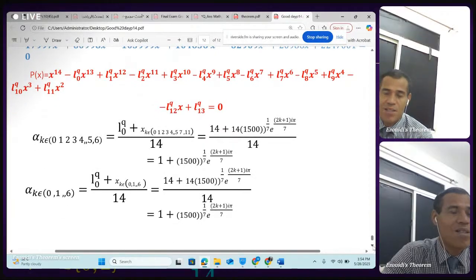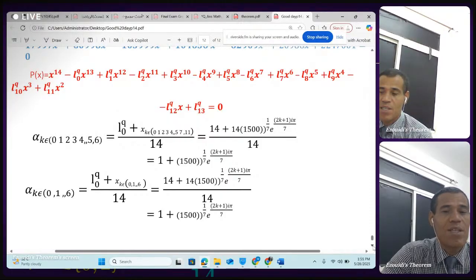Which in fact have a multiplicity of 2, meaning I will write alpha subscript k, from 0 to 6, is equal to 14 divided by 14, which is 1, and 14 times 1500 raised to the power 1 over 7, exponential to k plus 1 divided by 7 over 14. The 14 will be cancelled. It will be only this term, okay?